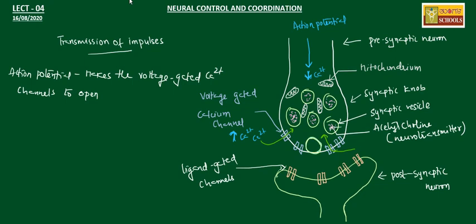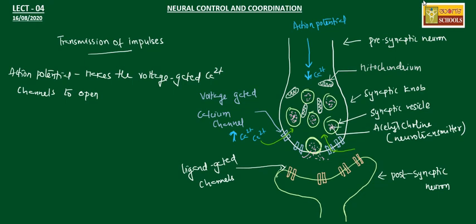The fusion will result in a breakdown of the plasma membrane at that point, and that releases the neurotransmitter present in the synaptic vesicle into the gap between the presynaptic neuron and postsynaptic neuron.